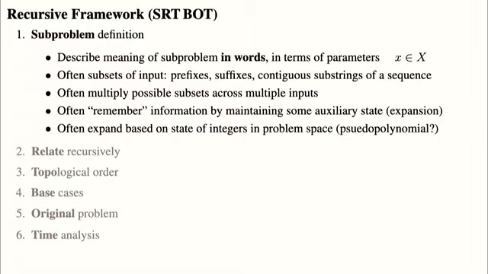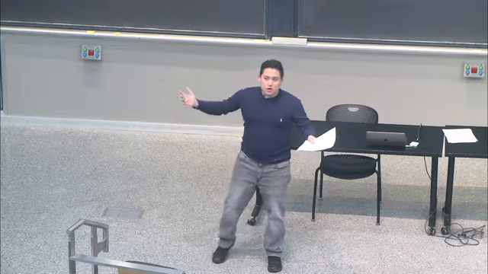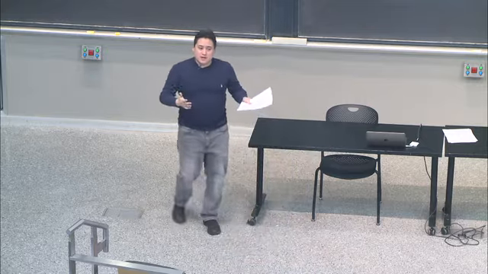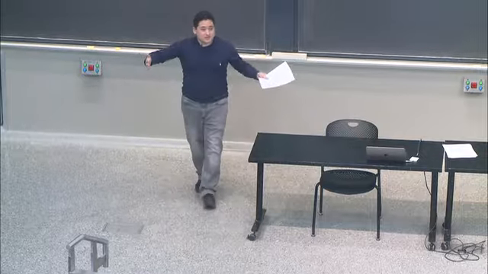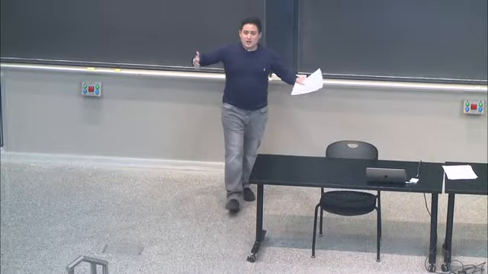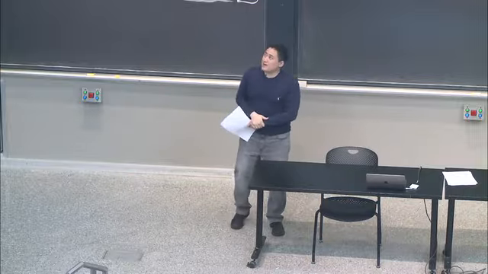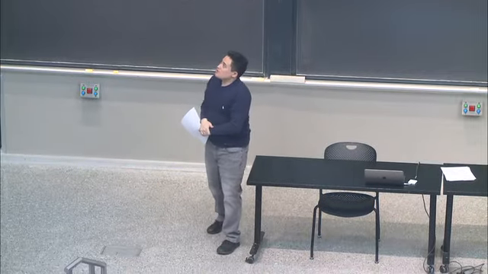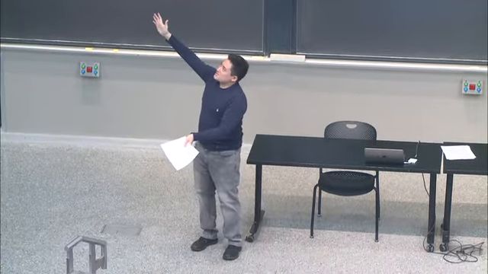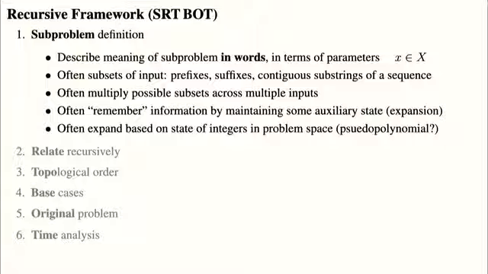So really those indices are integers in our problem that we're looping over, except those integers happen to be the size of our subproblem, whereas other integers might be larger, which is why you might get a pseudo-polynomial time bound.